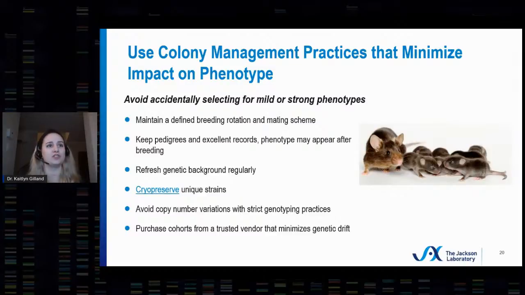You want to refresh your genetic background regularly. Also consider cryopreserving unique strains, so if genetic drift does occur, you can pull stock out of the freezer. You want to try to avoid copy number variations with strict genotyping practices. And as always, consider purchasing cohorts for your experiments from a trusted vendor that minimizes genetic drift.